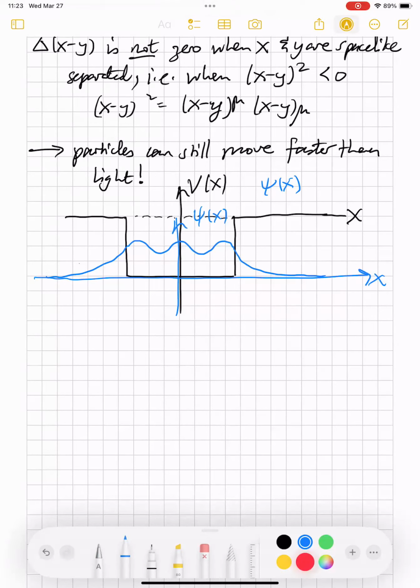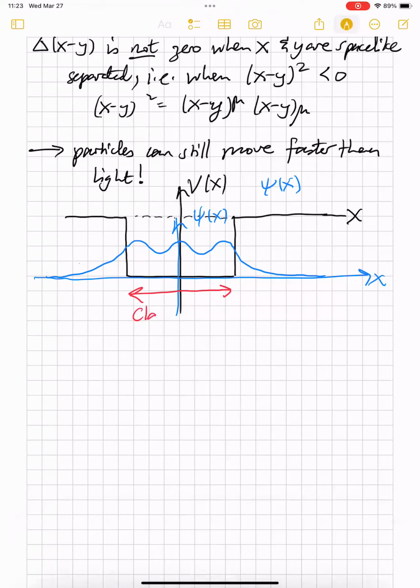And what you see in this central region, what would we call the central region? Well, we would call it the classically allowed region. And in this classically allowed region, psi of x oscillates.